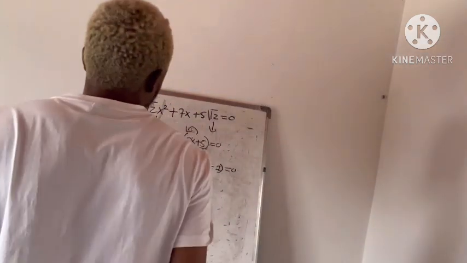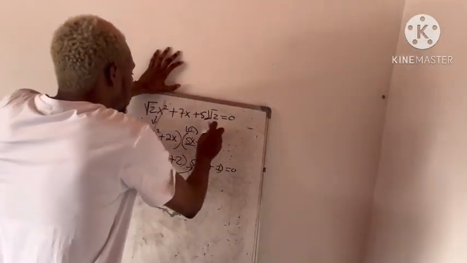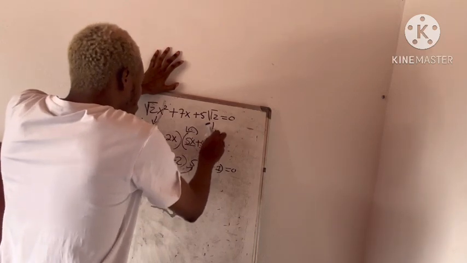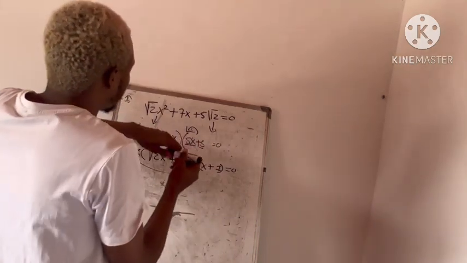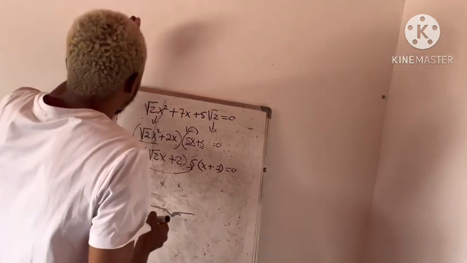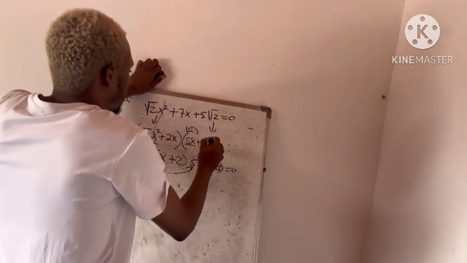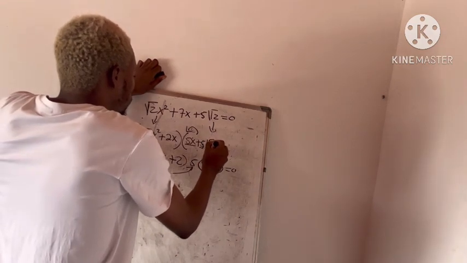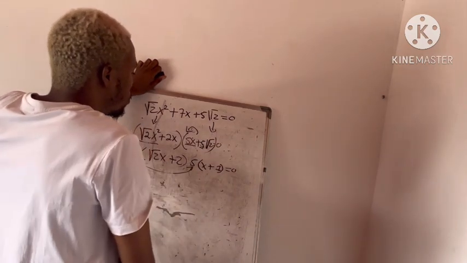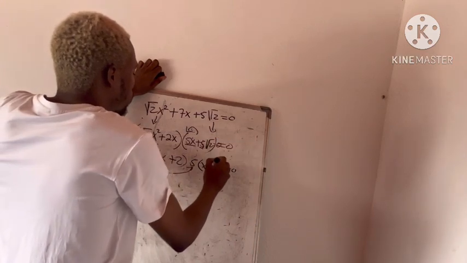You see, when writing this, it was 5 root 2, equal to 0.